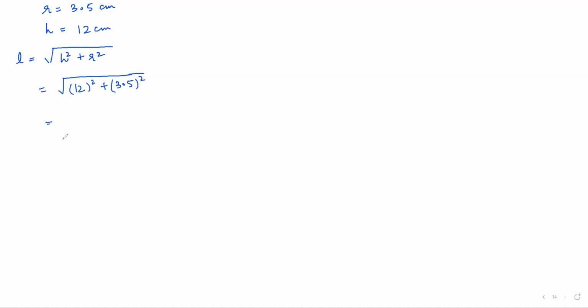Yes. It's better if you remove the decimal. So you write it like this. 12 square is 144 plus 35 divided by 10 whole square, isn't it? Right? Yes, ma'am. Okay. So this is square root 144 plus, now 35 into 35 is, I just did, 1225. Please check.